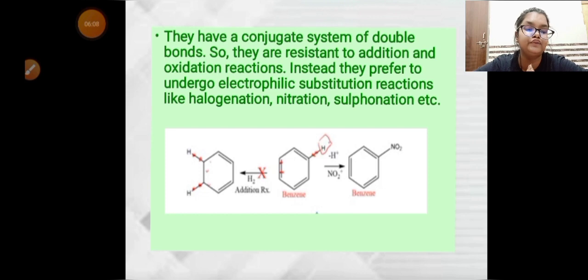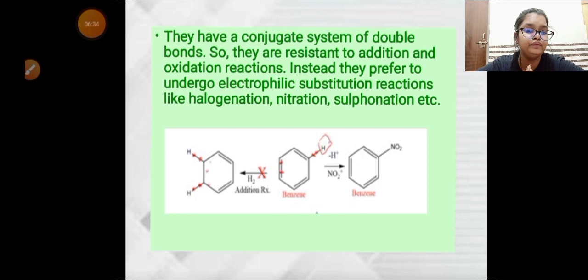We get the electrophile NO2 positive, means nitronium ion. This nitronium ion replaces the weak electrophile hydrogen as H positive. Means in this electrophilic substitution reaction, our system remains conjugated, means that the double and single bonds are present alternately.